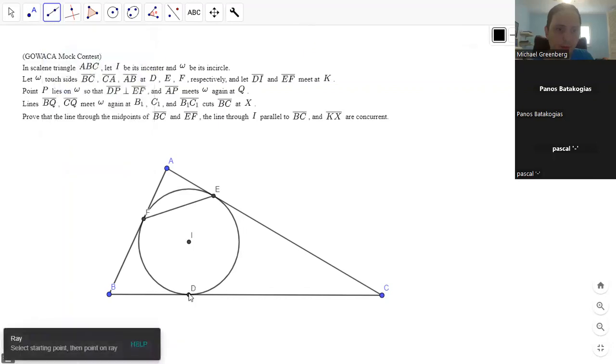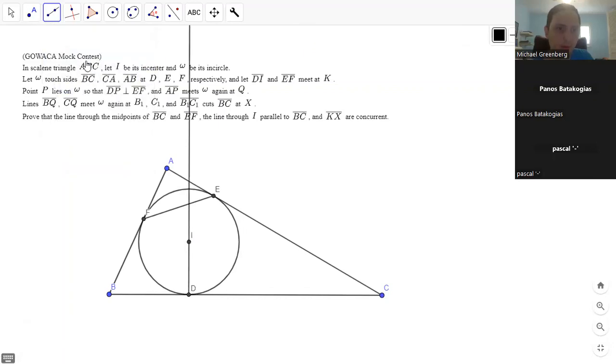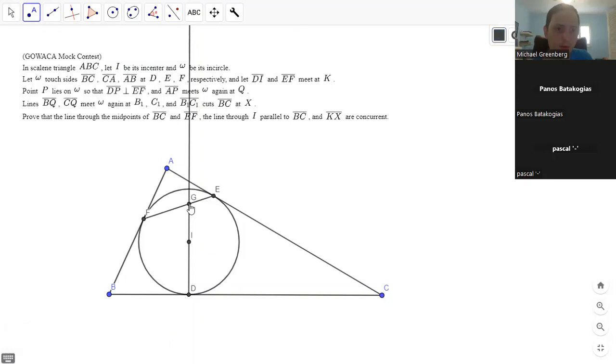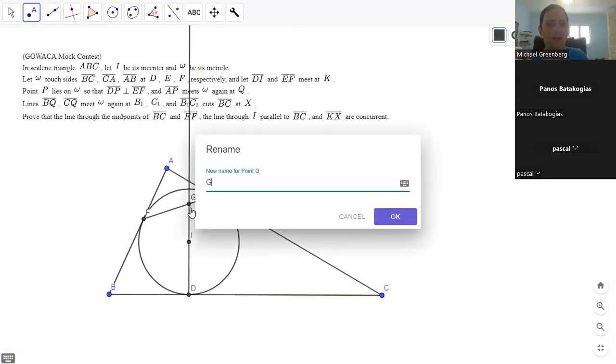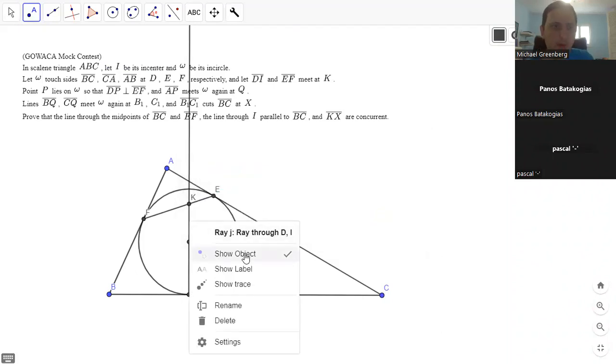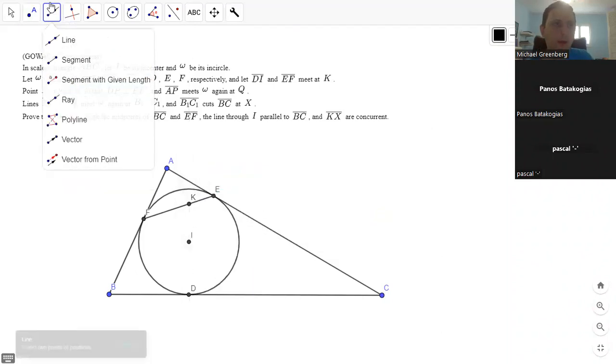That's a well-known fact. This is K. So I'm going to draw the median.